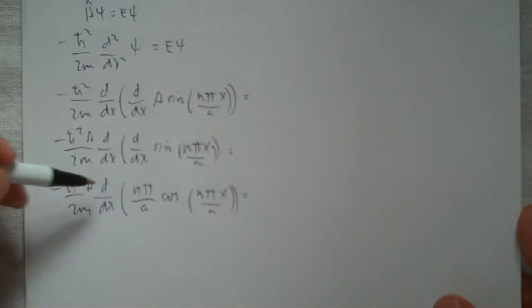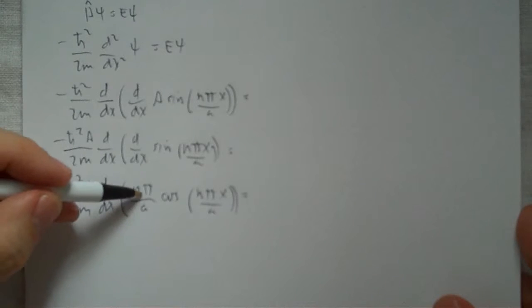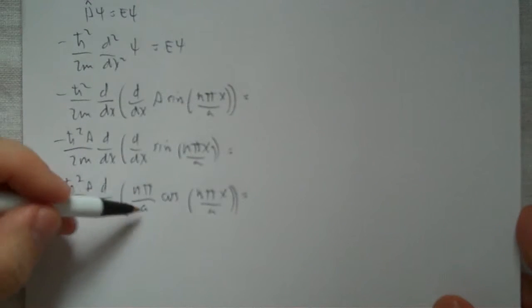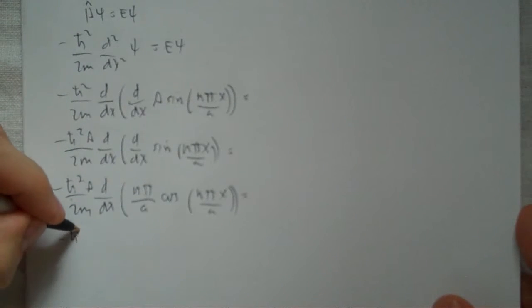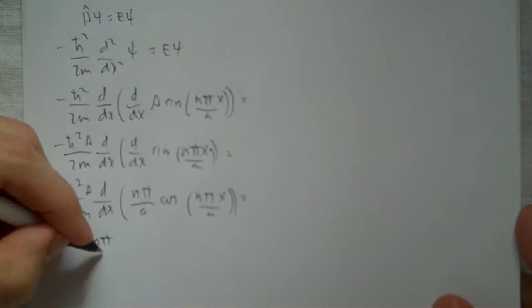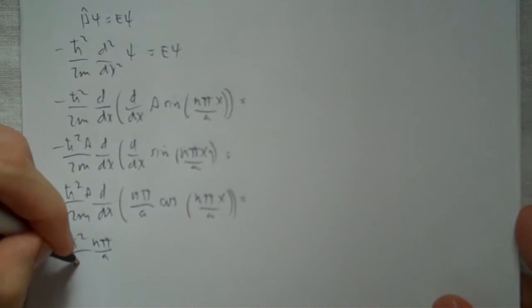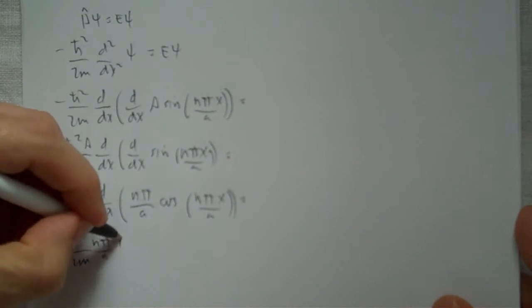Now, let's pull this out to here because this is not a function of x. So, n pi over a over 2m, times a.